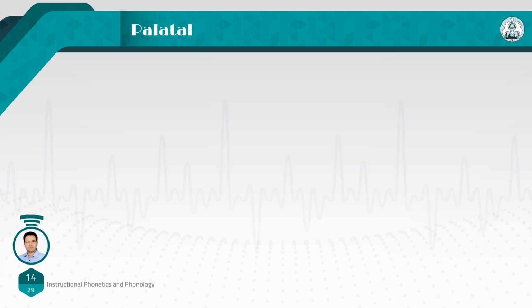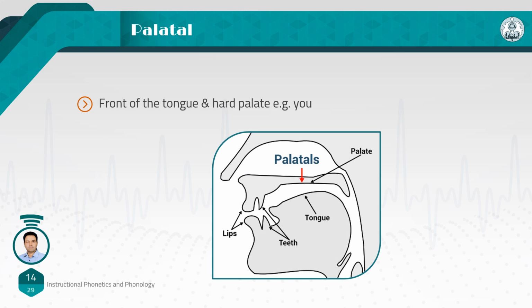Palatal: front of the tongue and hard palate. Say the word you very slowly so that you can isolate the consonant at the beginning. You, like this, y. This sound, y, is a palatal one.